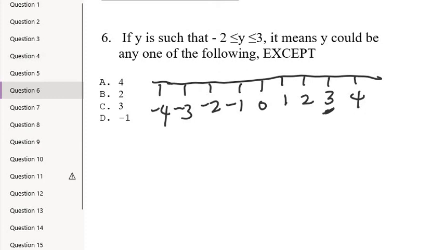That means 4 is the right answer except A. Y, of course, can be bigger than 2 because it's less than or equal to 3. Y can also be equal to 3. Of course, y is bigger than minus 1, but y is less than 4. So the right answer is A except 4.